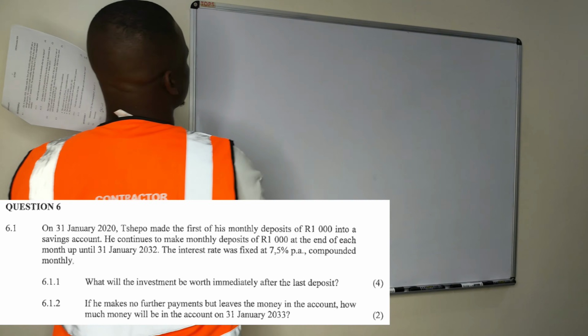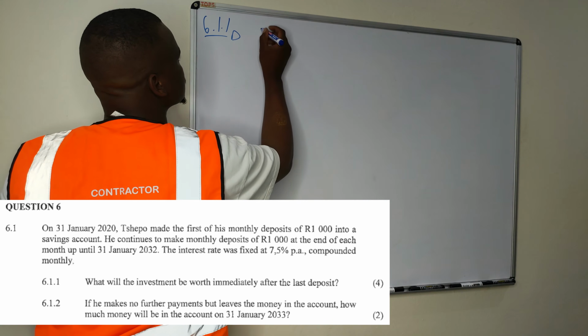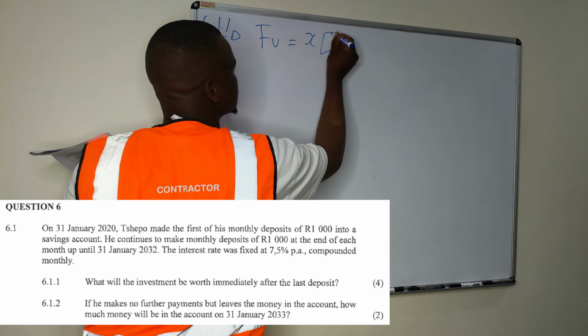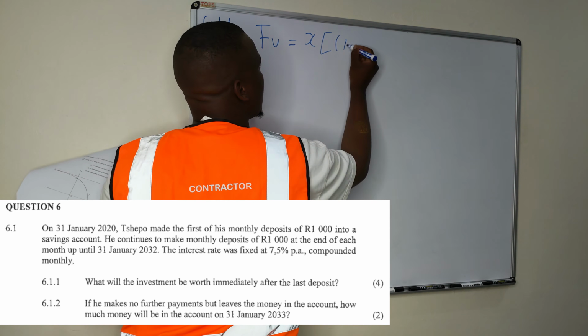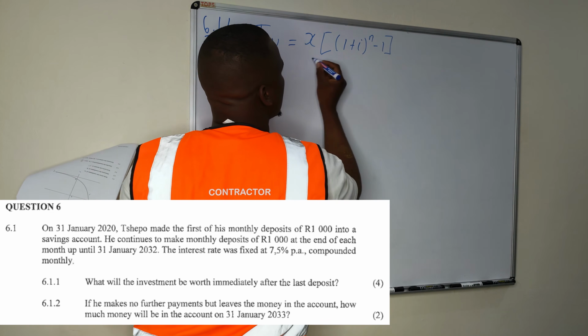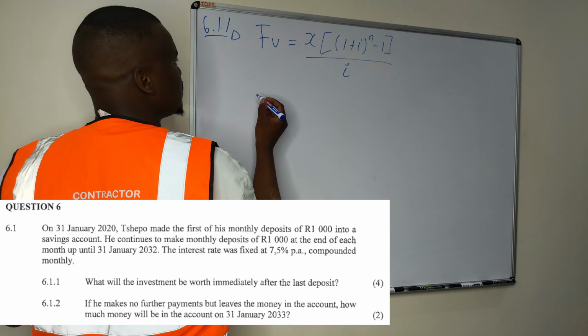So for 6.1.1, the first one: future value is equal to x times (1 plus i) raised to n, minus 1, over i. This is the first one, right?